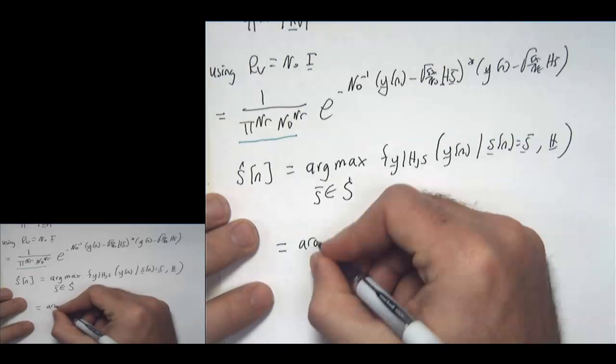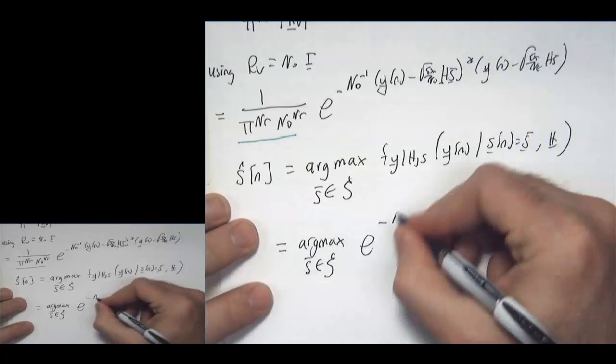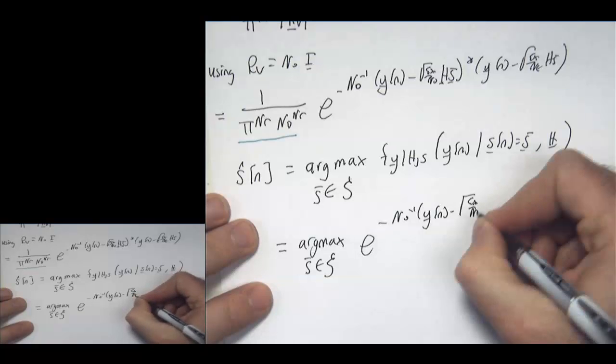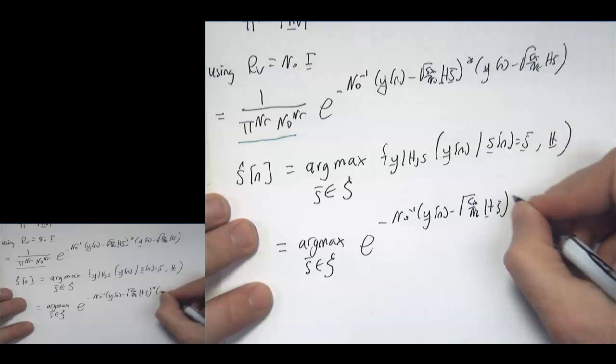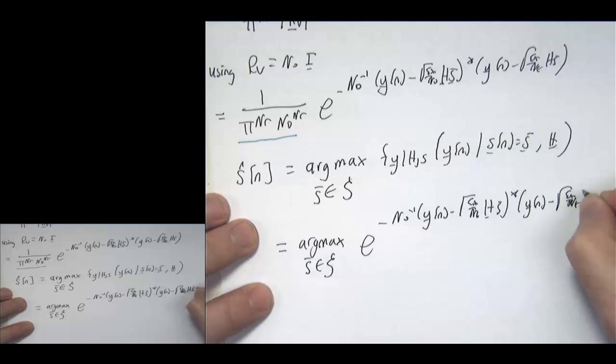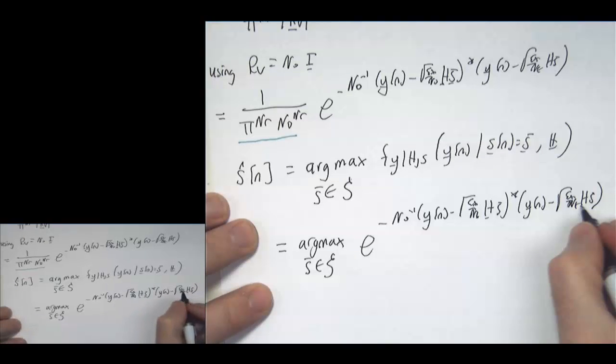So that's equal to the argmax of s bar in this constellation of e to the minus N naught inverse times y of n minus square root of Es over Nt h s bar, star, y of n minus square root of Es over Nt h s bar here.